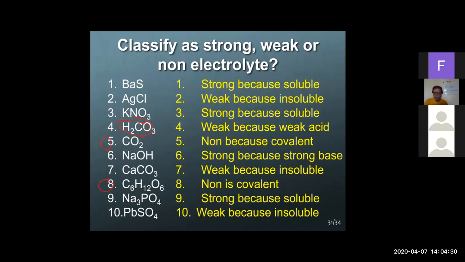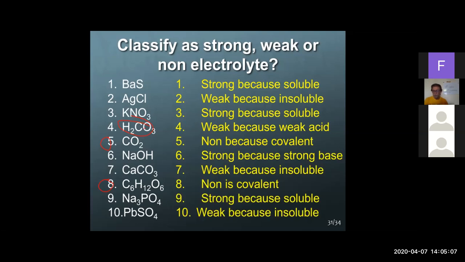Number 2, which is silver chloride, look that up in the solubility rules, you'll find it to be insoluble, which then tells you it is a weak electrolyte because the bulk of it's still in solution, but there are still some ions in solution. And then number 3, potassium. The fact that you see potassium written first automatically tells you this thing is a strong electrolyte because potassium is one of the 4 in this soluble column that are always soluble.